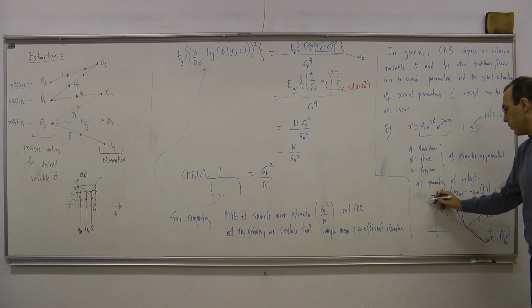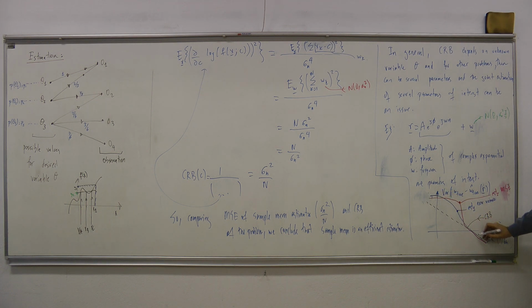Okay, so the Cramer-Rao bound is this. So what we see is that at high SNR, both of these estimators are, this is the SNR axis. At high SNR, these estimators are, let's say, meeting this Cramer-Rao bound, okay? So they converge on this Cramer-Rao bound value.